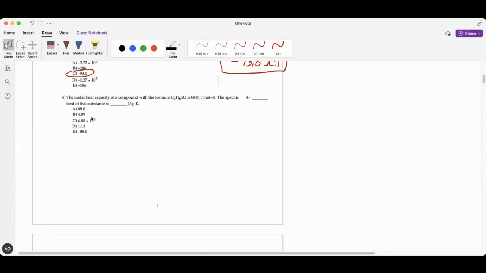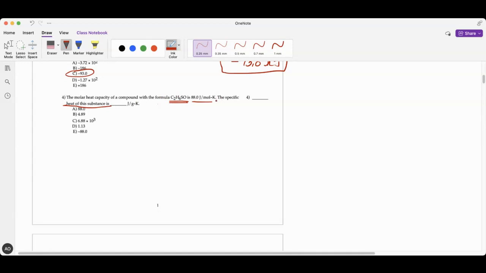All right, the molar heat capacity of a compound with this formula is 88 joules per mole Kelvin. The specific heat of this substance is, so they give us the molar heat capacity of this compound.